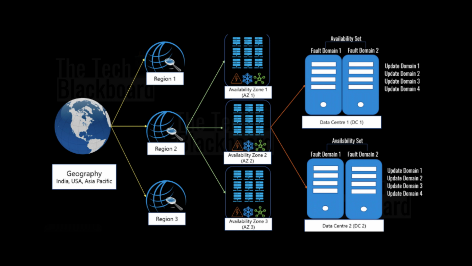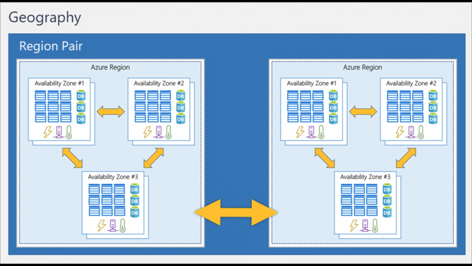So let's discuss what a region pair is. Here in this diagram you can see we have two regions. In region 1 we have availability zones 1, 2, 3, and in region 2 we also have three zones. So let's see why we need a region pair.